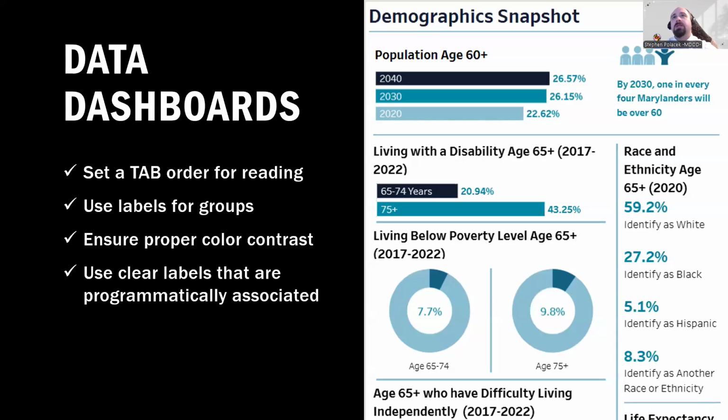So like in this case, the 2020, that's a problem. Up at the top there under population age, the third bar, because it's white on a kind of lighter blue. That's probably not contrast compliant and should be changed. The 2040 is a lot clearer because it's white on a very dark blue.